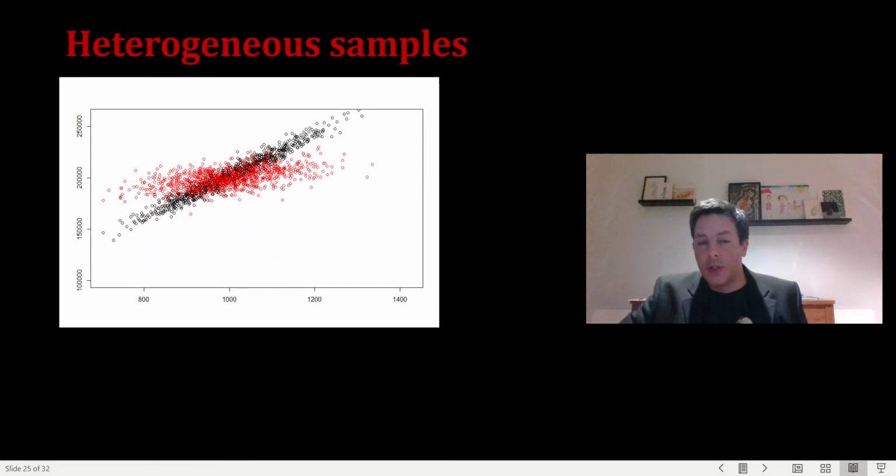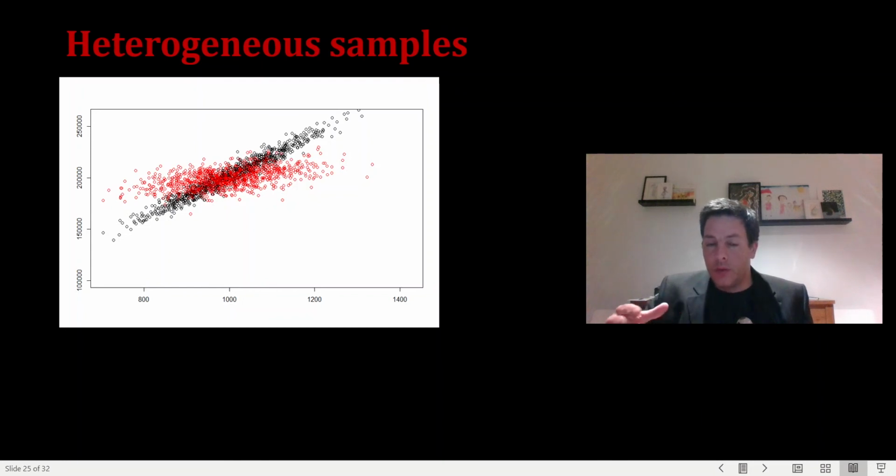The heterogeneity of the samples. So let's say that in children, in red, there is almost no relationship between the two variables, but in adults, in black, there is a strong relationship between the two variables. The only way we can detect that is by visualizing, or by identifying the participants' gender beforehand and then running the correlation separately.